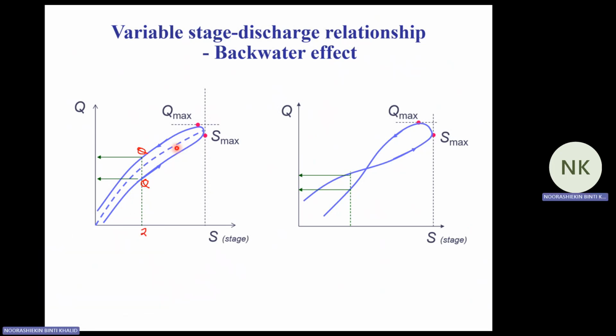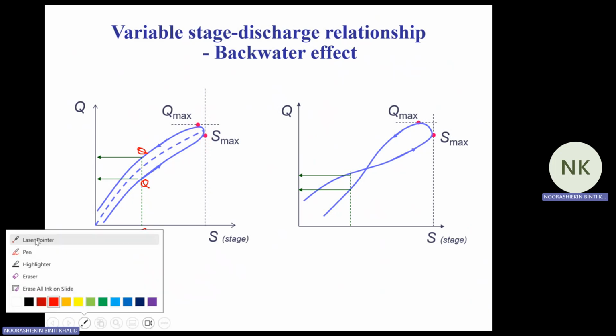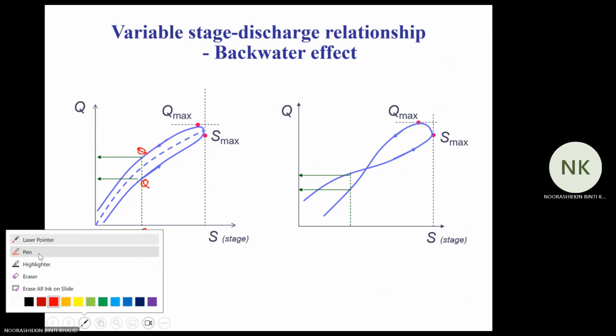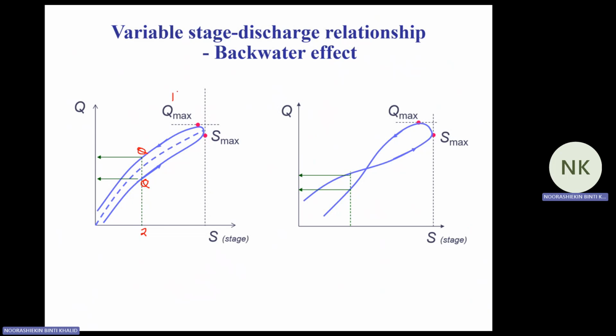So the peak line: note that the Q maximum occurs before the water level reaches the S maximum, meaning that it happens first. The Q maximum happens first, and then after that the S maximum happens. Storage, and flow rate.